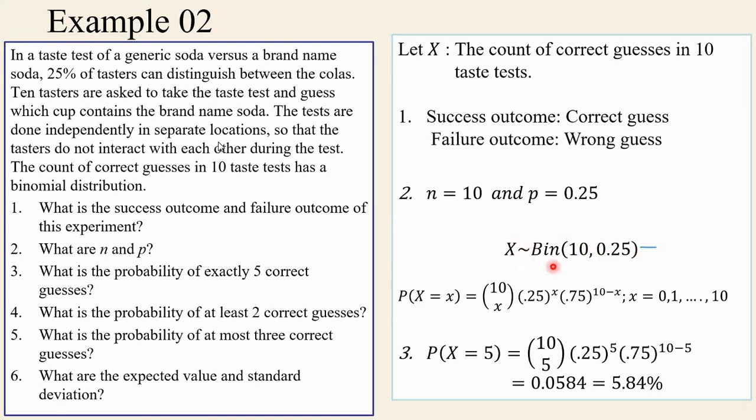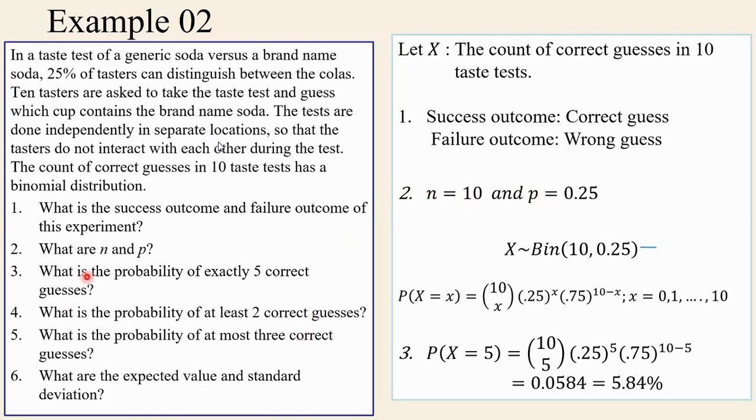So if X follows a binomial distribution (10, 0.25), then we can write the probability of X equals x as 10 choose x, times 0.25 to the power x, times 0.75 to the power 10 minus x. Then you also have to give the possible values for X: 0, 1, up to 10. That is the answer for 2.